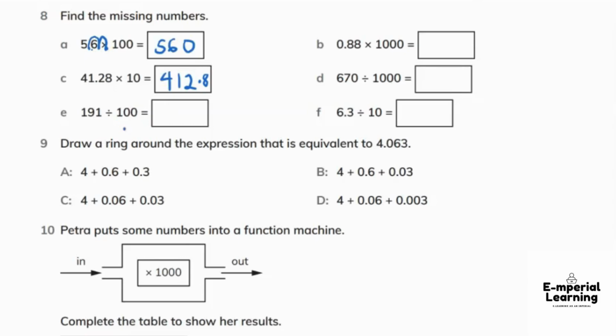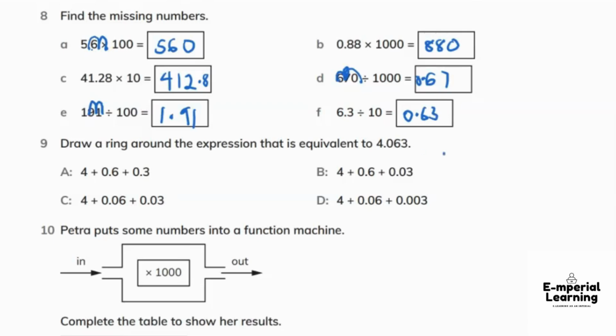In dividing by 100, the imaginary decimal point at the end of the whole number moves 1 and 2, so here we have 1.91. Multiplying by 1,000, we have 880. Dividing by 1,000, 1, 2, 3, so we get 0.67. 0.670 is the same as 0.67. So in dividing by 10, 0.63.